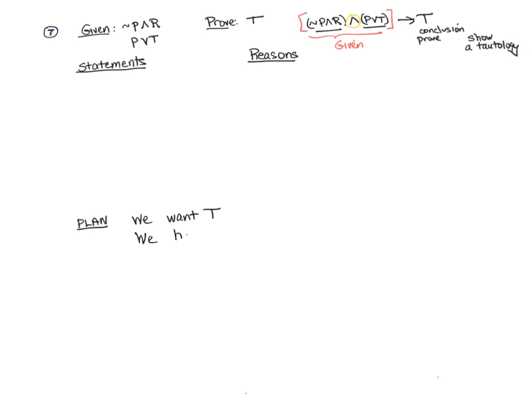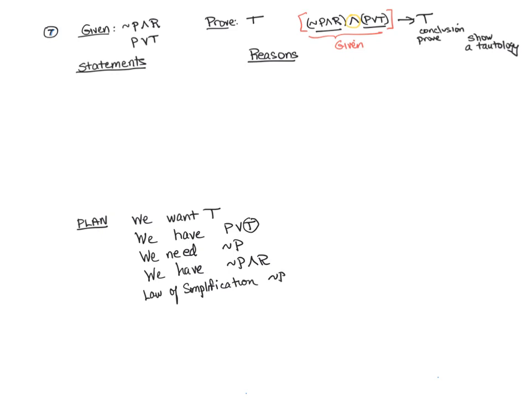P or T. So to get T by itself, to use the law of disjunctive inference, we need to get not P. But in the given, we have not P and R, and by the law of simplification, we could take not P out. Or we could just write the axiom of a conjunction. So this is our proof going backwards.